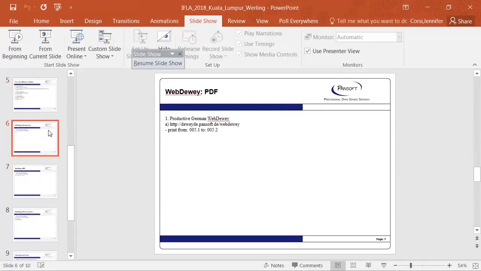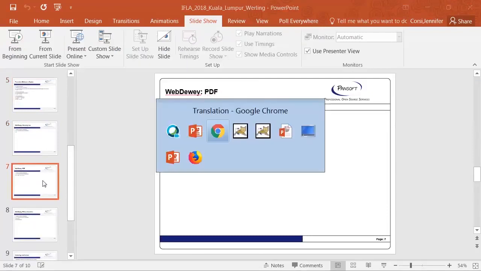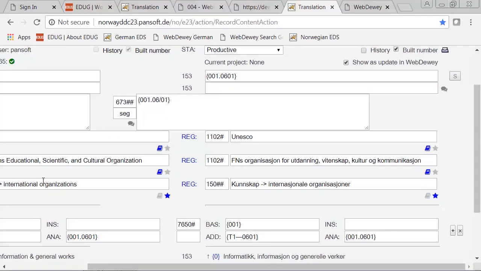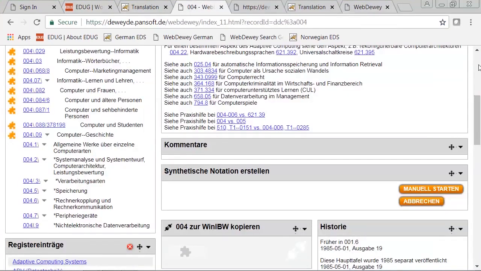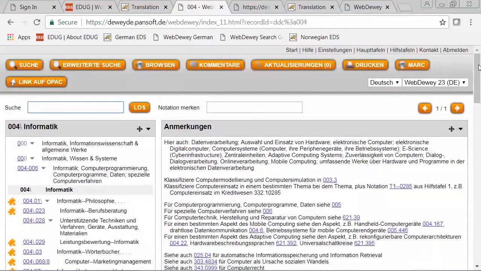So the next feature to show is the print feature inside WebDewey. In WebDewey, we now allow making small prints.